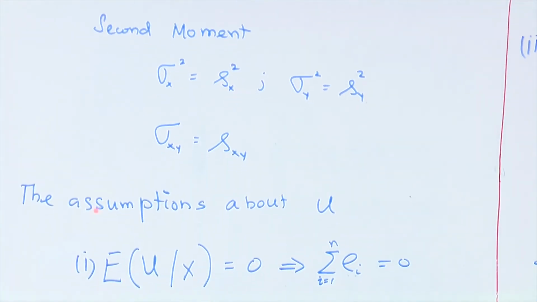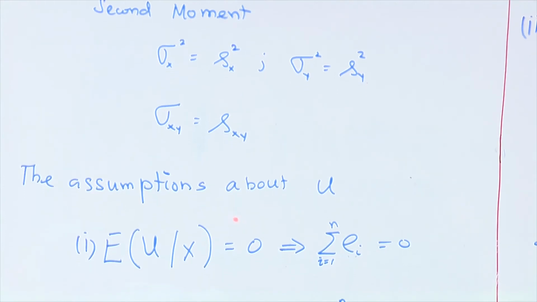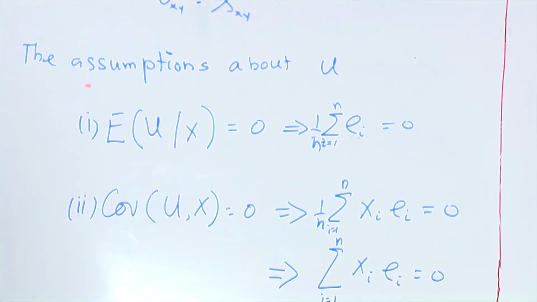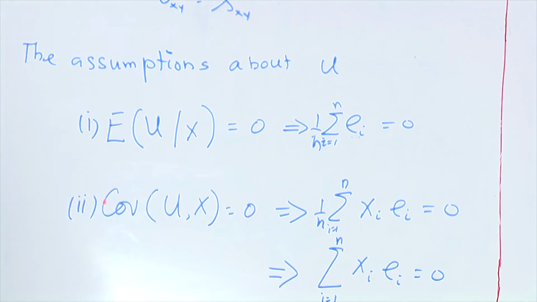This holds true for other moments. Let us take assumptions about u. In this case, we are taking two assumptions about u: the expected value of u given x is equal to 0, and the covariance of u and x is 0.